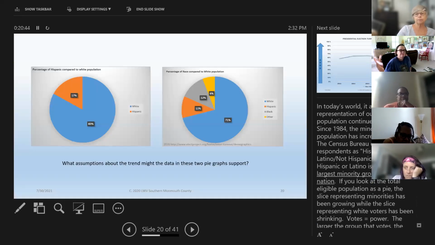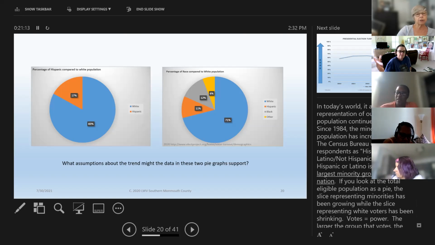In today's world, it also means that our actual adult population continues to change. Since 1984, the minority population has increased. And Lori has a slide that we're going to replace this one with, which also includes the other minorities. So this little pie piece will be larger, but still, when you look at the white proportion of the population in this graph, and what did we say, Lori?